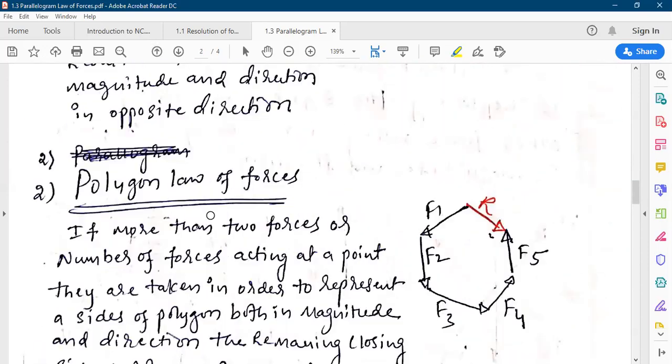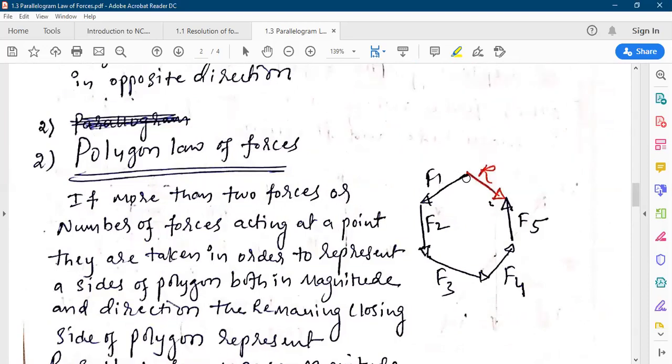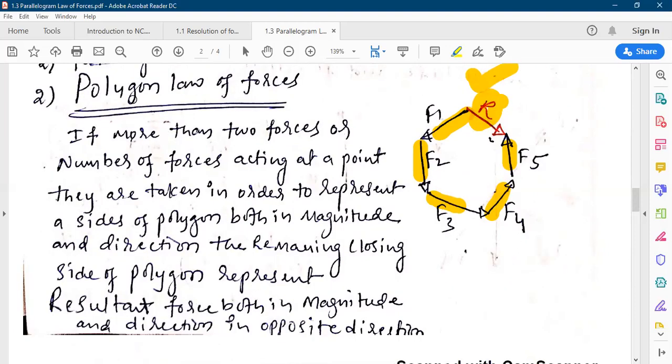If those forces are acting at a point, all those forces can be represented as sides of a polygon taken in order, that is, the head of each force is attached with the tail of the front force. Similarly, the head of this force is attached to the tail of the front force. Taken in order, the remaining closing side represents the resultant force in opposite order. That is the polygon law of forces.